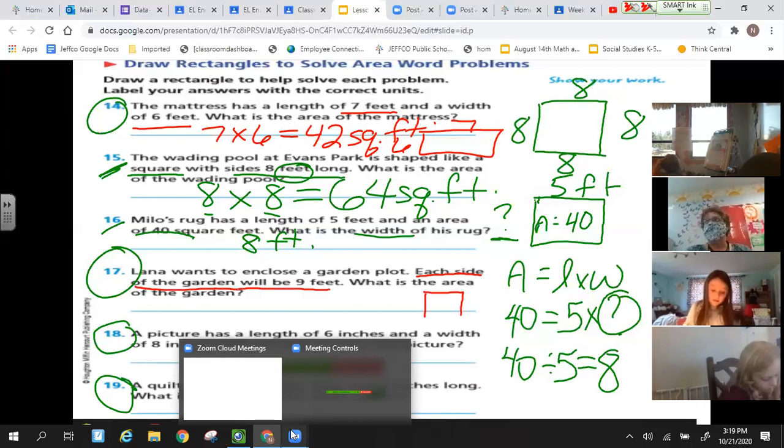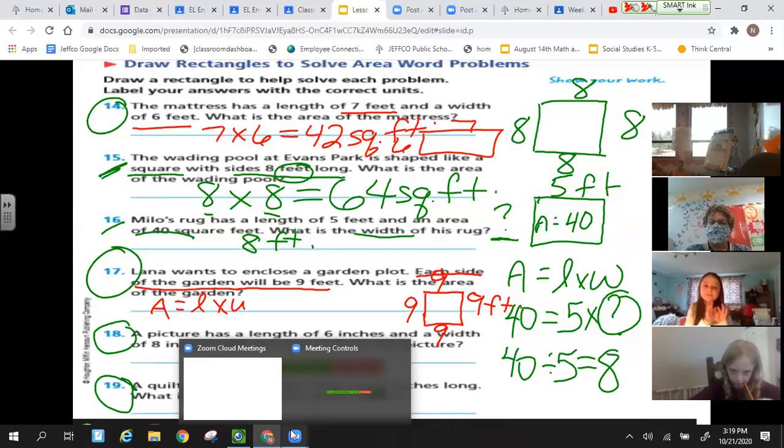Well, that has to be a special shape called a square, a special type of rectangle. So each side is 9 feet. If area equals length times width, then I have 9 times 9. We know our 9s trick. You should have gotten 81 square feet.